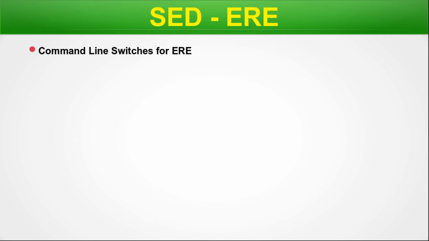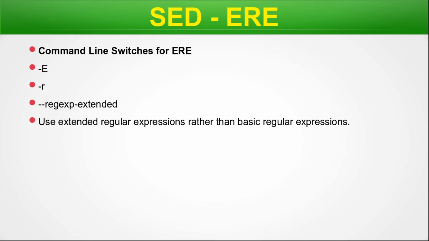Here they are: the -E switch, -r, --regexp-extended. Any of these three can be used to turn on the ERE engine that is inside SED. Use extended regular expression rather than basic regular expression. This is what either of these three command line switches does.